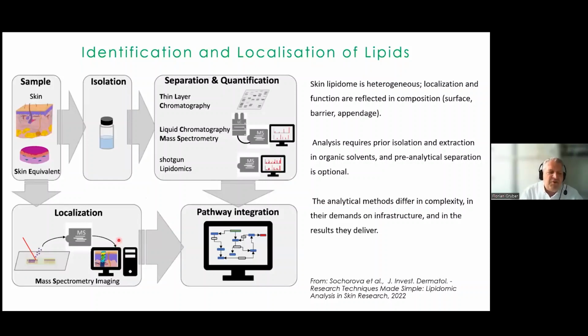For most analytical approaches, there has to be some kind of sampling, isolation and extraction steps in organic solvents. The analytical methods that are used strongly differ in complexity, in the demands on infrastructure and training, and of course they differ in the type of results they can deliver.